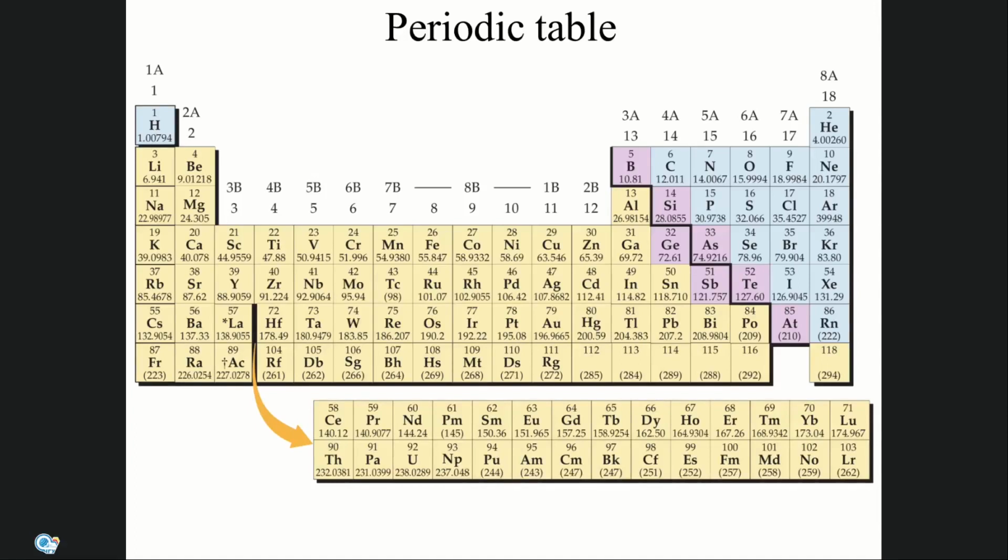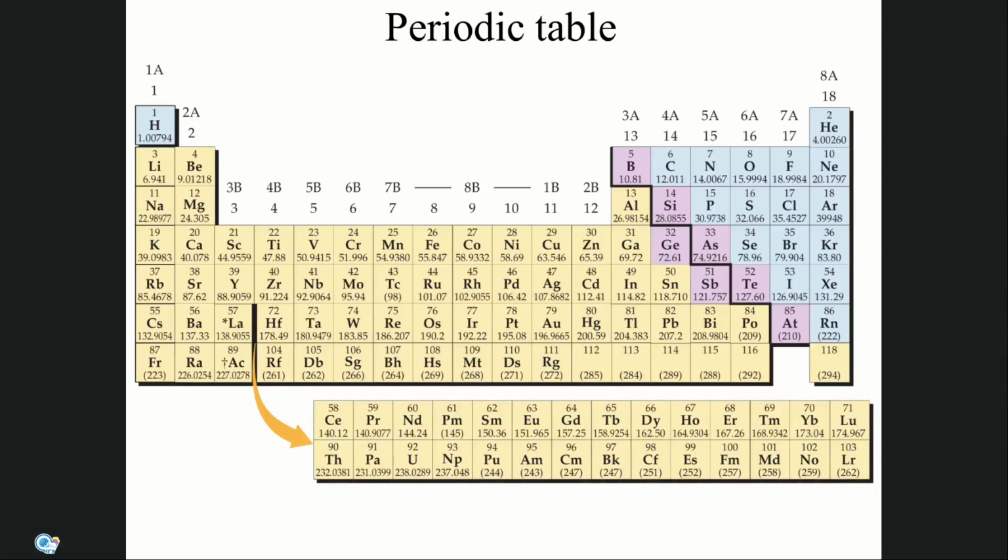The elements are arranged in periods, horizontal rows, in order of increasing atomic numbers. The first period contains just 2 elements, hydrogen and helium. The second and third periods each contain 8 elements. The fourth and fifth periods each contain 18 elements, from potassium to krypton and from rubidium to xenon, respectively.